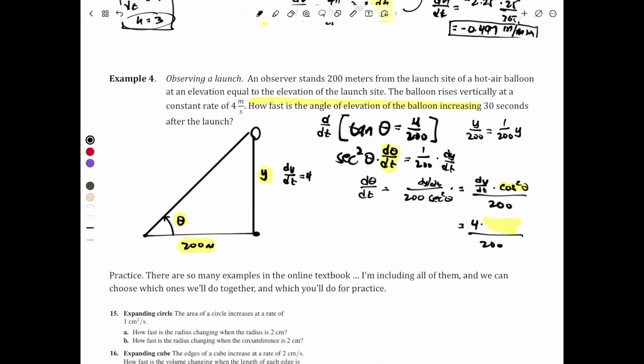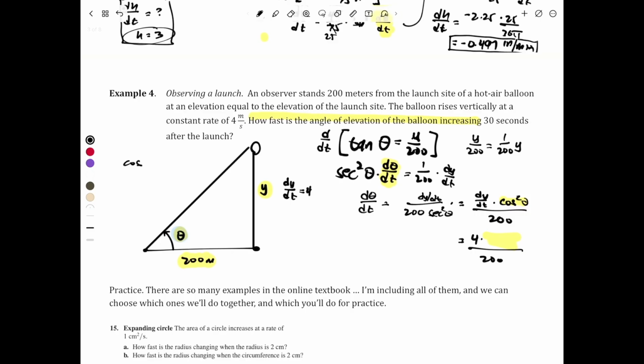Well, my angle is here. What is the cosine of that angle? Well, cosine is the adjacent over hypotenuse. So it's definitely 200, but what's the hypotenuse?